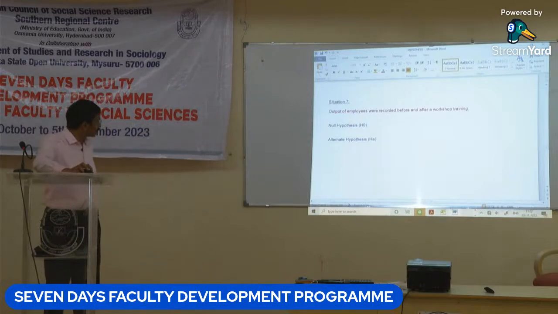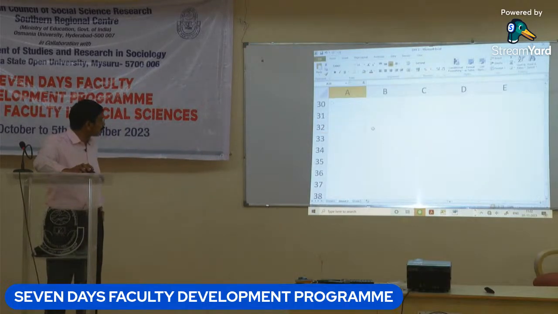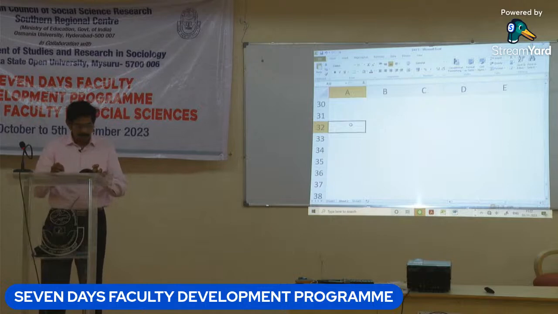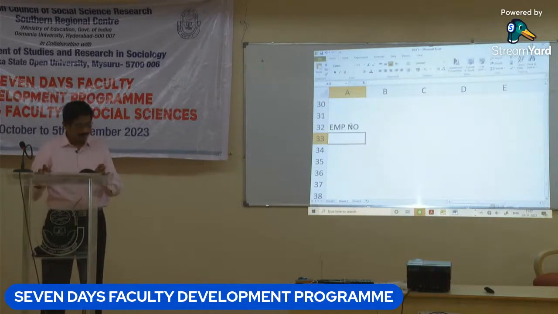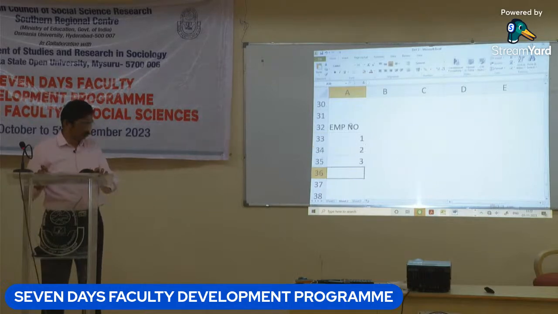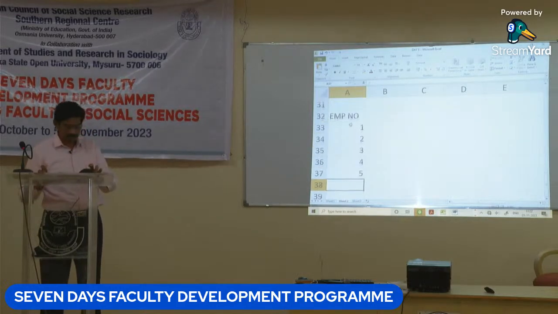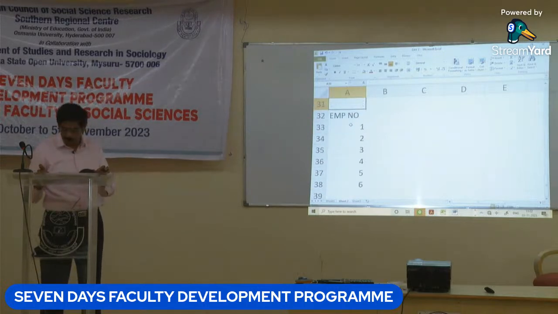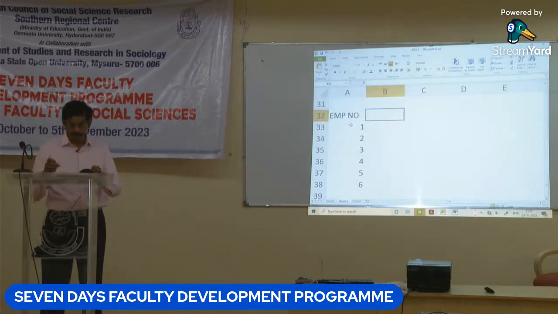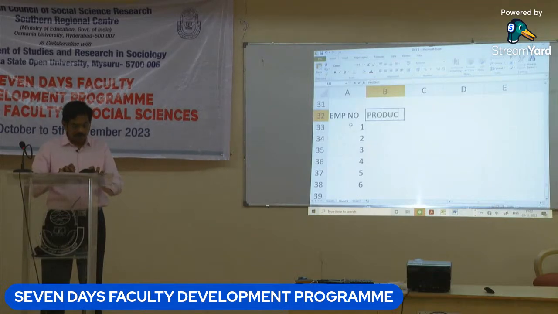Now, let's say 100 employees were given training. Employee number 1, 2, 3, 4, 5, 6, something like this. So 100 employees or some employees were given training. But before training, what was the production they made?